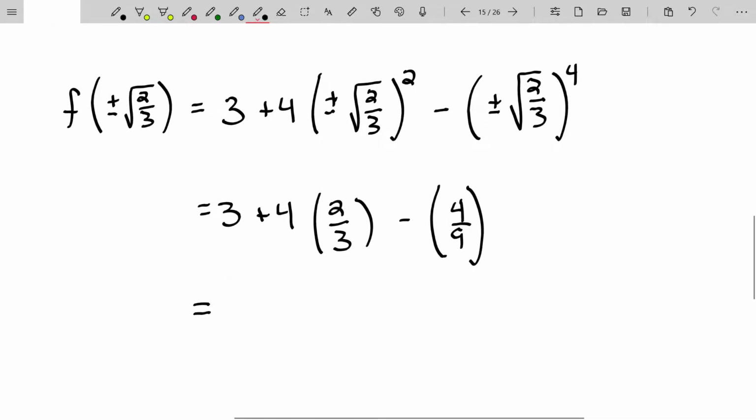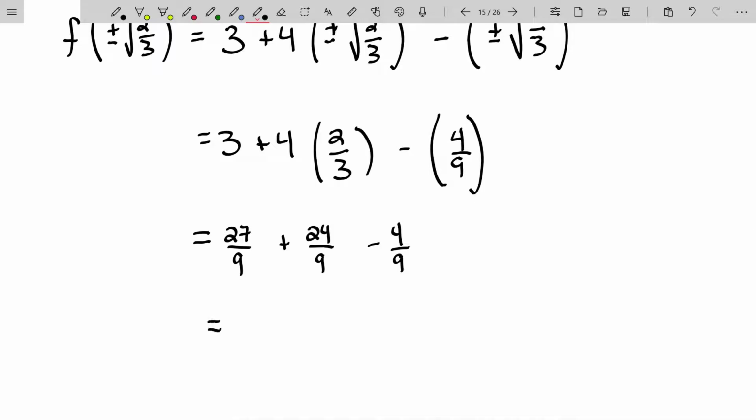And let's go ahead and just compute that. In terms of ninths here, this will be 27/9 plus 8 times 3, it's 24/9. And minus 4/9. That's 47/9. Okay.